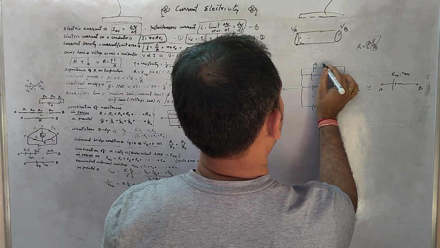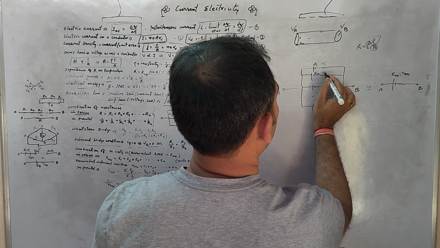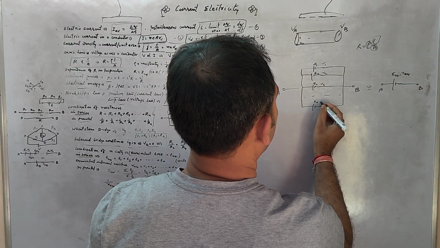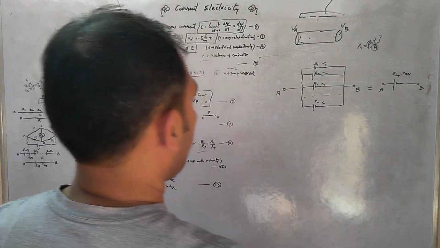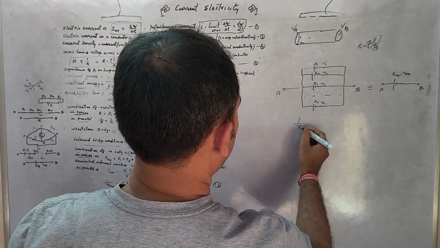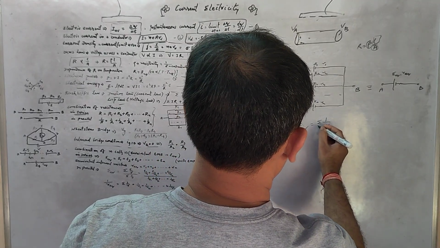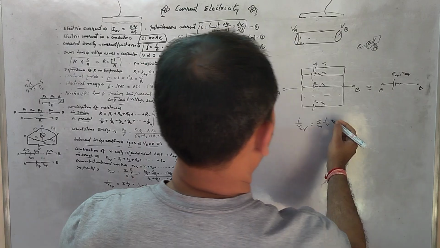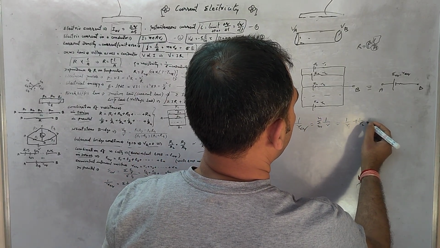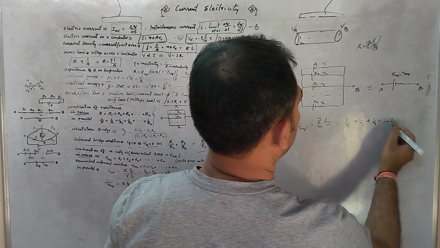This is E1 R1, internal resistance R1, E1 EMF, E2 R2, E3 R3, En Rn. So again parallel combination, so 1 upon R equivalent will be equal to sigma 1 by R, n will be from 1 to n. So this will become 1 upon R1 plus 1 upon R2 plus 1 upon R3 and so on, 1 upon Rn.